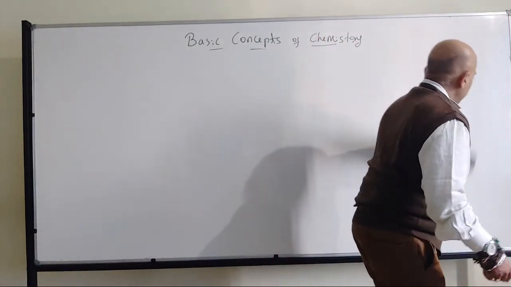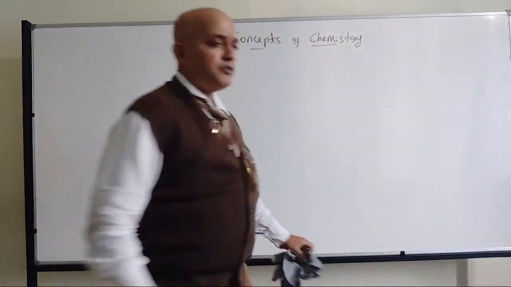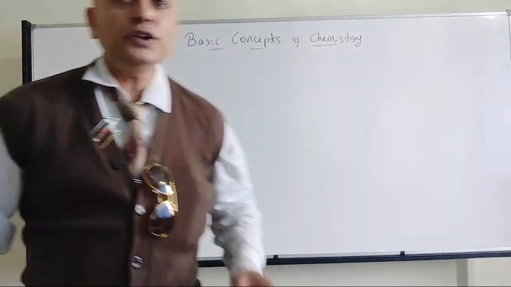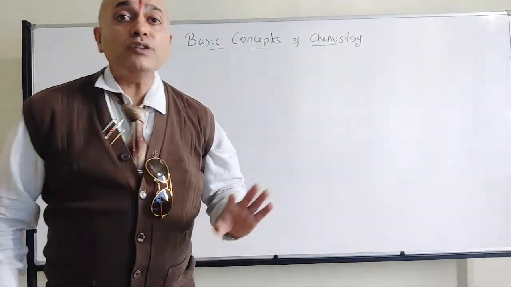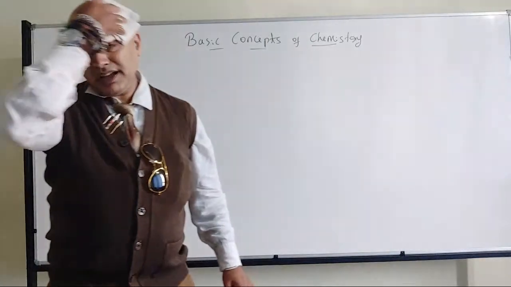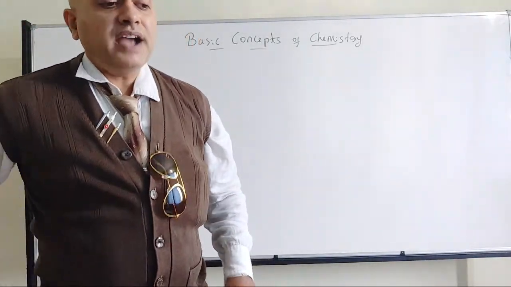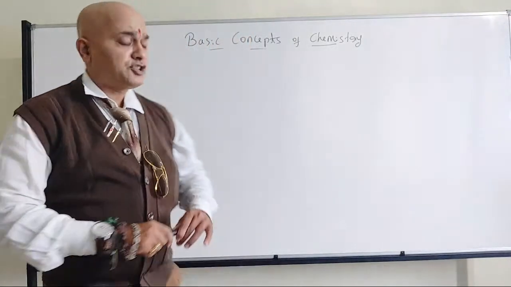So all together it will give the total mass of the solution. All of you have understood? Shall we move to the next one? Okay. So fine, we will move to the next one.